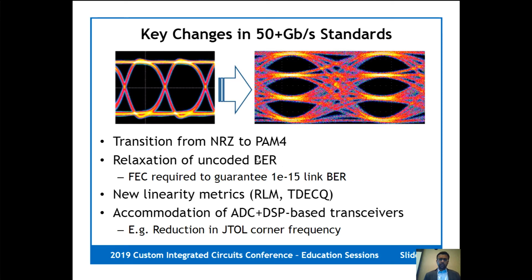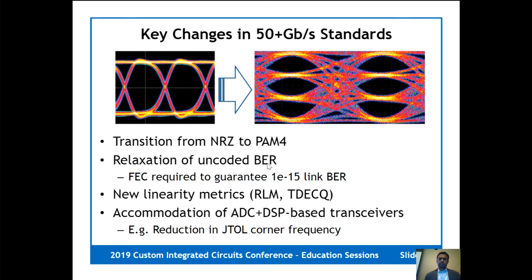And this has come with a few significant changes. The first one is the significant relaxation in the uncoded raw or pre-FEC bit error rate. It used to be that people were targeting 10 to the minus 12 or better bit error rates. But now the specs dictate significantly higher bit error rate targets, 1e minus 4 to 1e minus 6, depending on the reach.